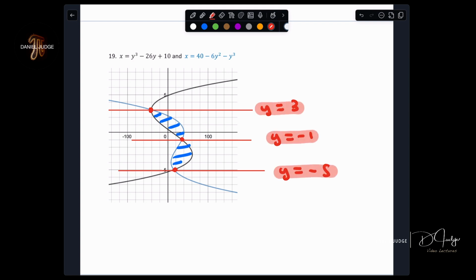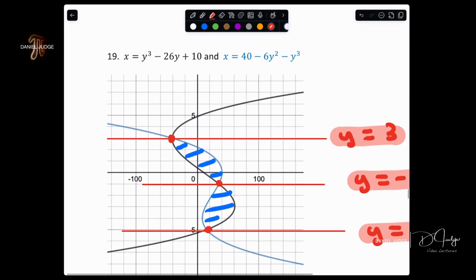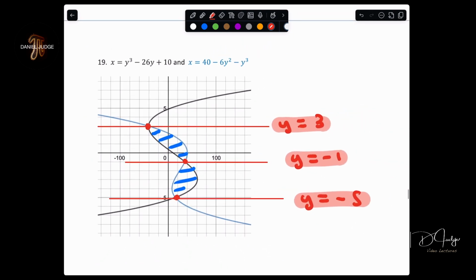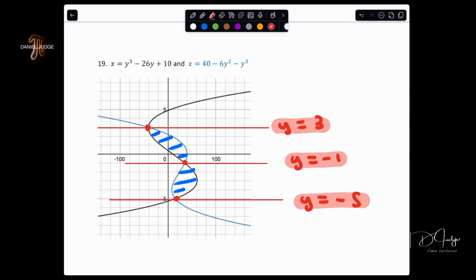All right, so you're kind of lucky in some ways. We got 3 solutions. You could check the points of intersection if you like by setting the equations equal to each other, solving for y. So this is x equals x now. Just double check here that we have those lines through the appropriate places, because when you find the area, this is the important thing.